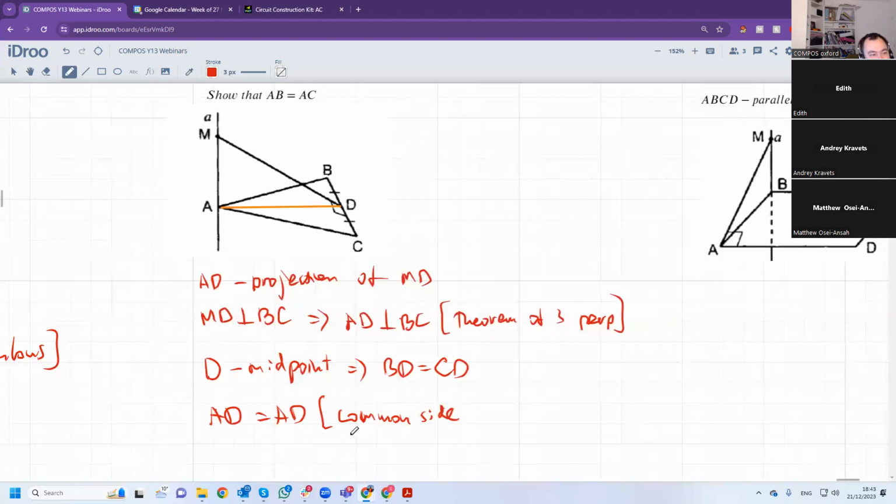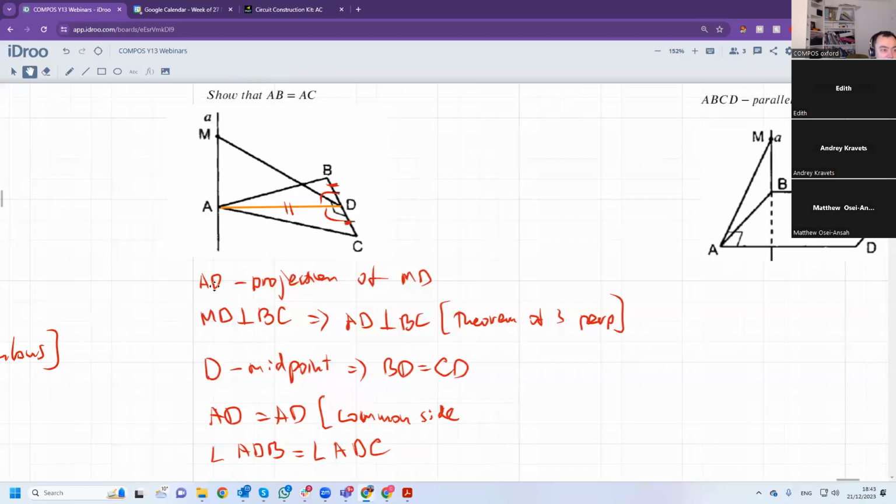And what else? It has angle ADB equal to angle ADC. The angles are the same. So we have this angle equal to this angle. We have this side equal to itself. And this side is equal to this side.